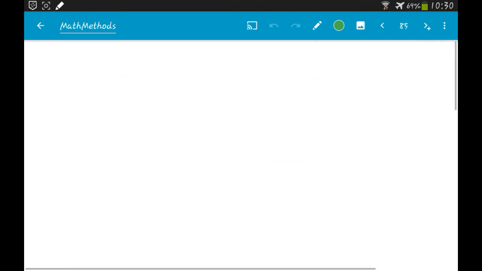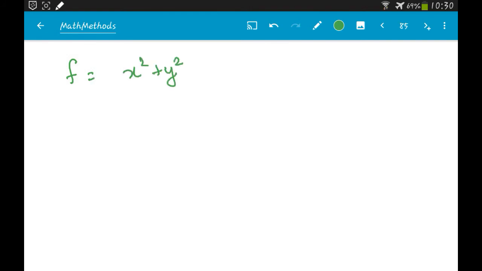Now let's go back to our example and see how we can do it. For our example, f was x square plus y square, and the constraint was y is 1 minus x square. Let us write it in terms of a function of x and y.